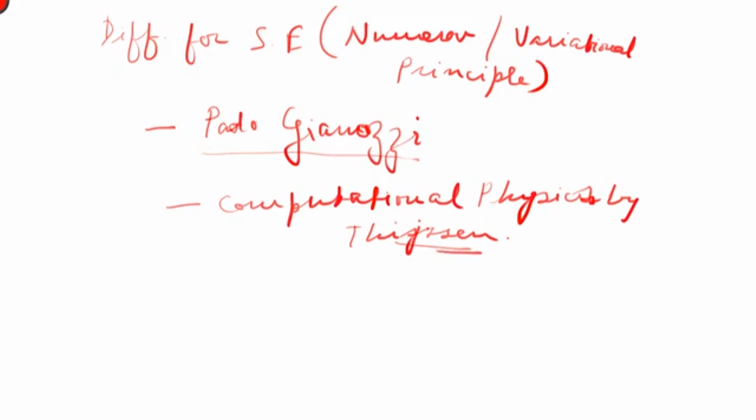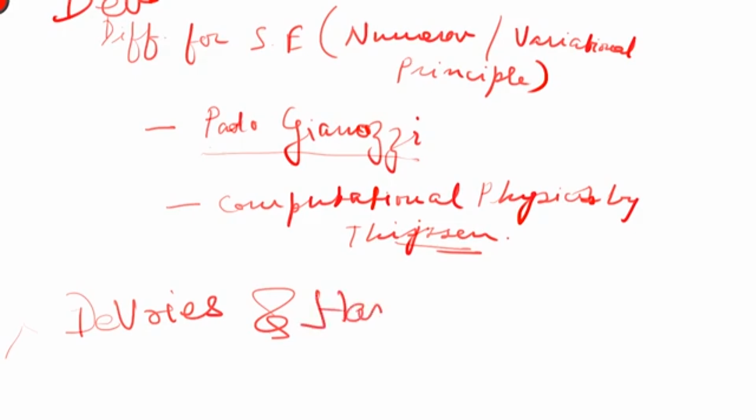And for differential equations, there is the book by DeVries and Hasbun, and it is named something like computational physics.